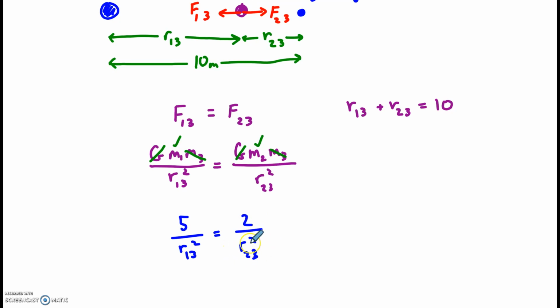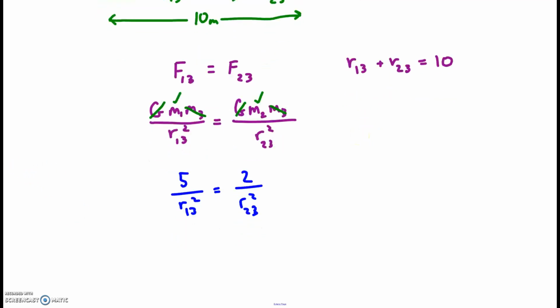I'm going to isolate R23 so that I can plug in and remove R23 from this equation. That way I can solve for my unknown R13. To isolate R23, first I'm going to cross multiply. I have 5 R23 squared equals 2 R13 squared. I divide by 5.